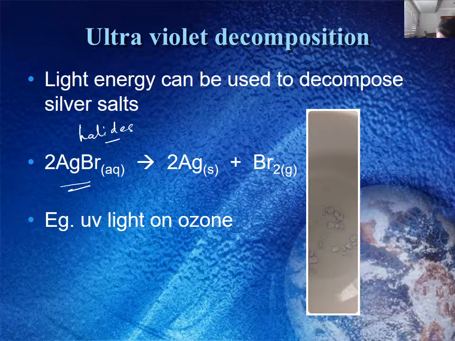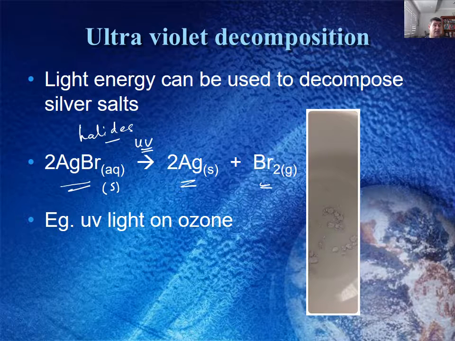Often the silver bromide can precipitate out as a solid, but we may see some small amounts of that remaining in the solution as the precipitate forms. When that's exposed to ultraviolet radiation or light energy, the silver bromide can then decompose into silver and bromine. And these two elements together make up silver bromide.